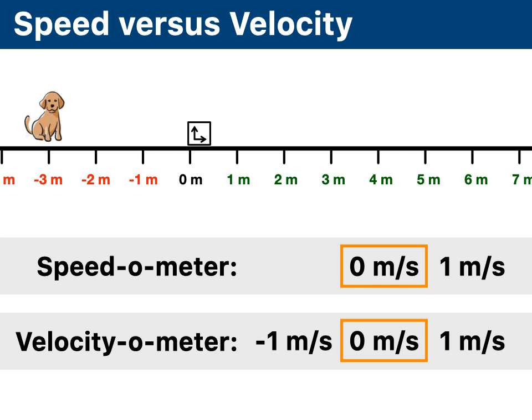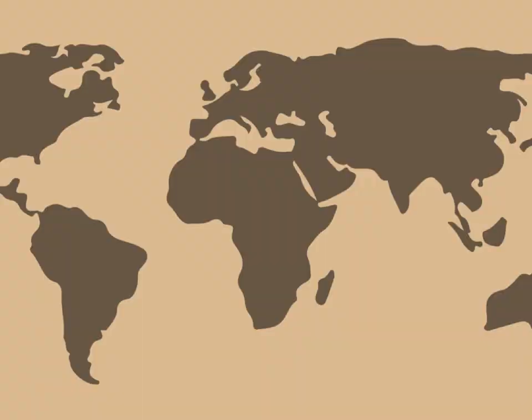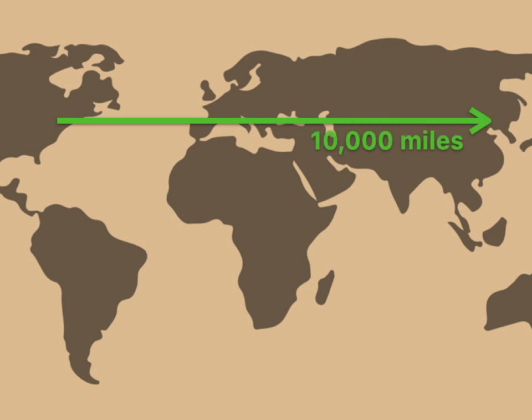Okay, here's another thing about speed versus velocity. Let's take a look at the world map. Now, let's say you want to take a trip from Boston to China. So it's a pretty long trip. So let's just say it's 10,000 miles. And then you come home, and that's another 10,000 miles.